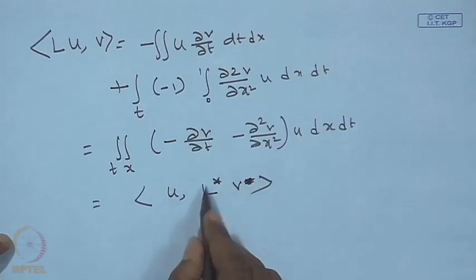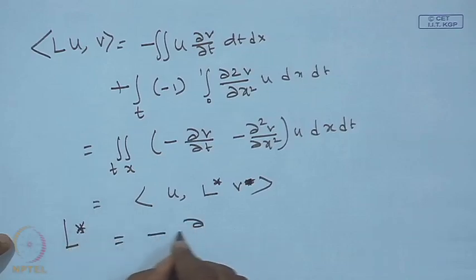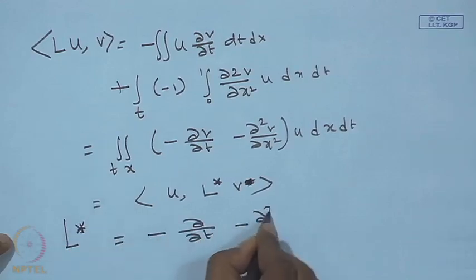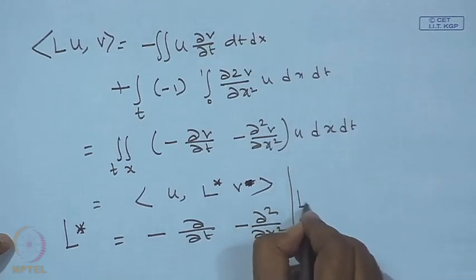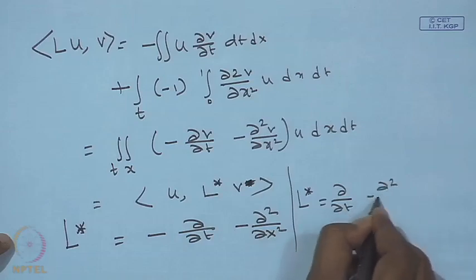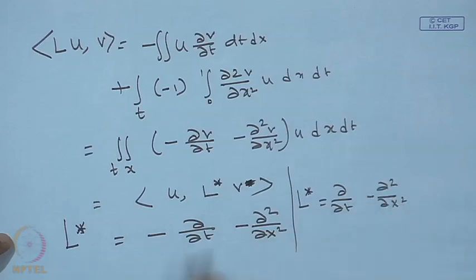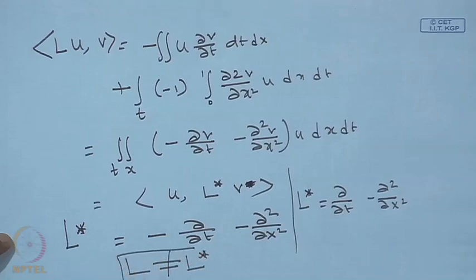So, if you look at L star, the adjoint operator is minus del del t minus del square del x square, and if you see the original operator, it was del del t minus del square del x square. So, therefore, L is not equal to L star.